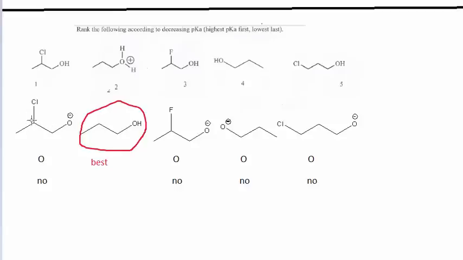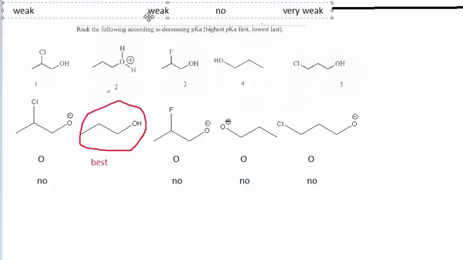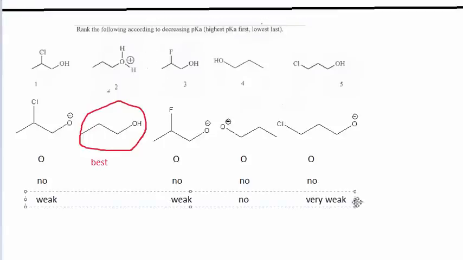This is decently far away, this is decently far away, but this is even farther. So this is more atoms away than this, so the inductive effects here for the electron withdrawal is incredibly weak compared to these two. These two are the same distance away, so we need to look at electronegativity to be able to determine which one stabilizes more.